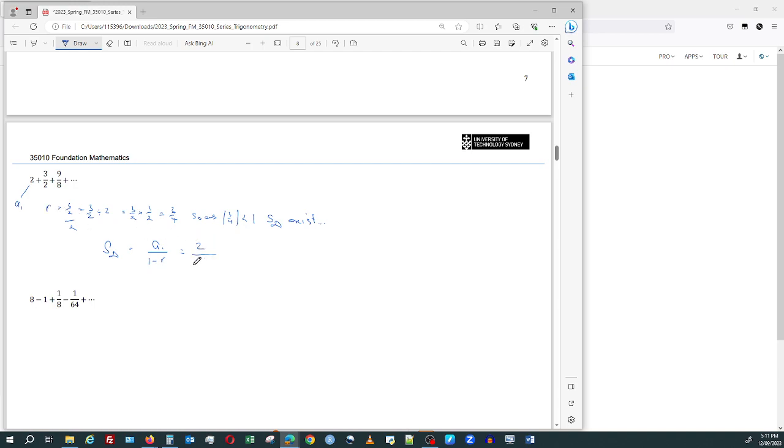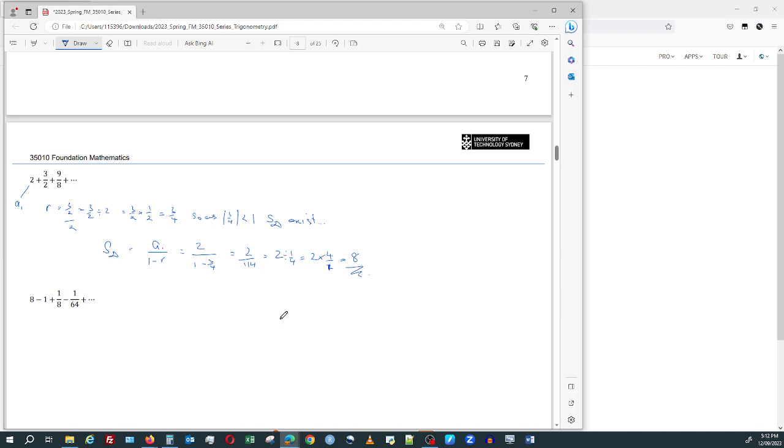Our first term is 2, over 1 minus 3/4, which is 2 over 1/4, which is 2 divided by 1/4, which is 2 times 4 over 1, which is equal to 8. Very good.